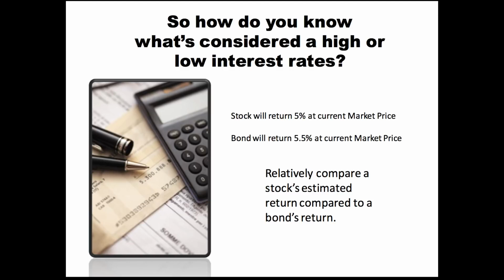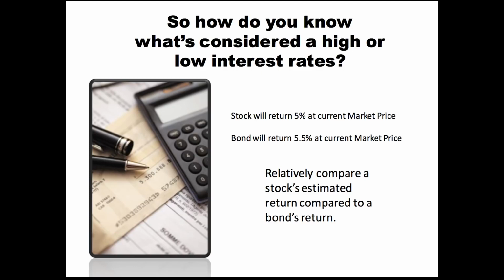So let's assume that based off of the market price, we're in a greed cycle. The stocks are trading really high, and so the best return that you could expect to get with the stock is maybe 5% based off of the high market price. But then when you look at a bond, let's assume that the bond is at 5.5% because of the market. In this scenario, a bond has less risk, generally speaking, than a stock.